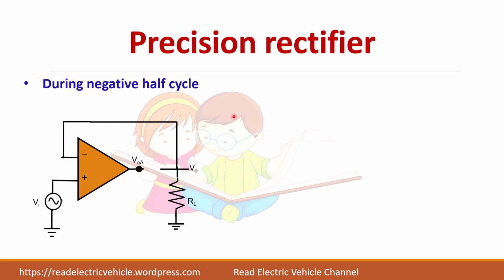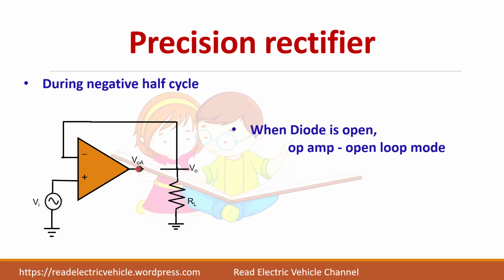But during the negative half cycle, the voltage is negative here, so the output is going to be negative. The diode will not conduct. It is open. Since it is open, the op amp enters into open loop mode.